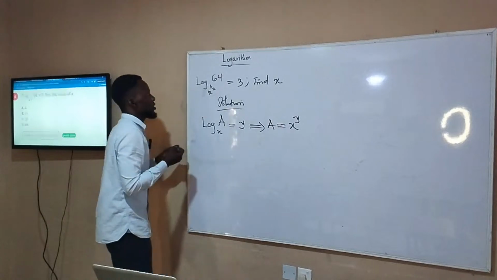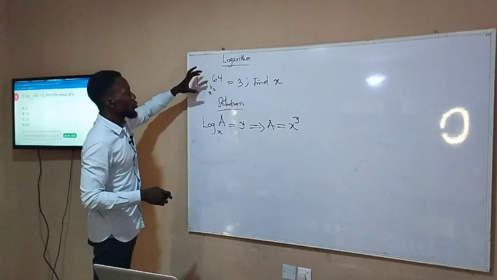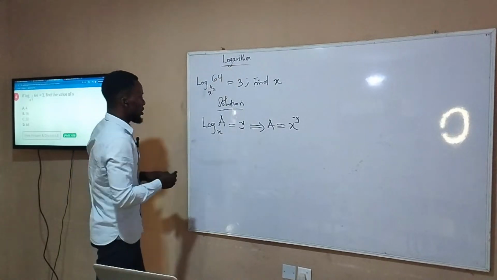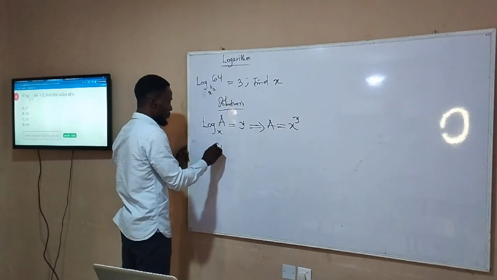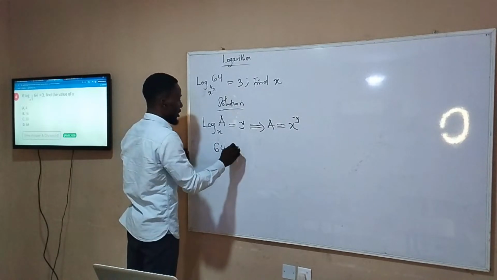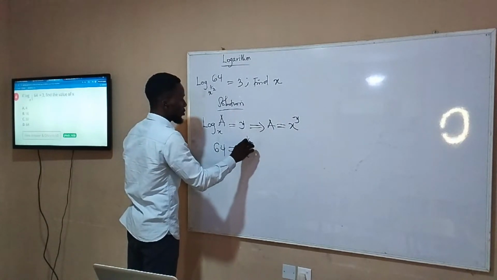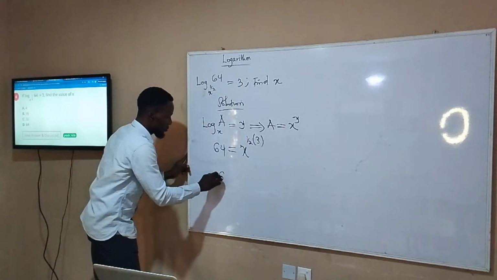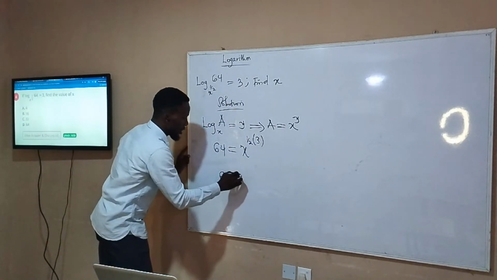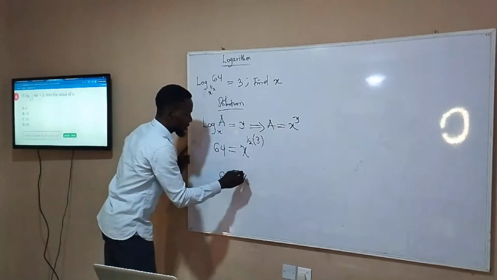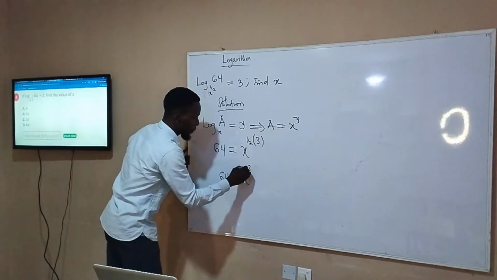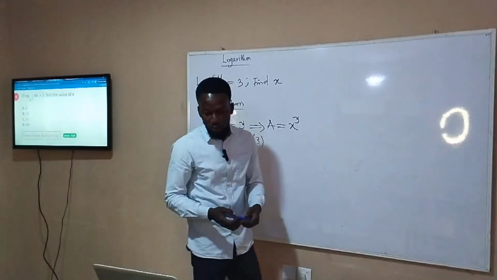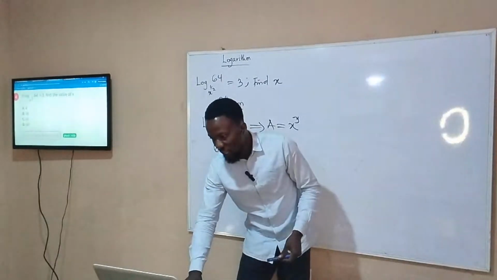So what I'm going to do is say 64 equals x raised to 1 over 2, all raised to 3. So I'll say 64 equals x raised to 1 times 3, which is 3 over 2.